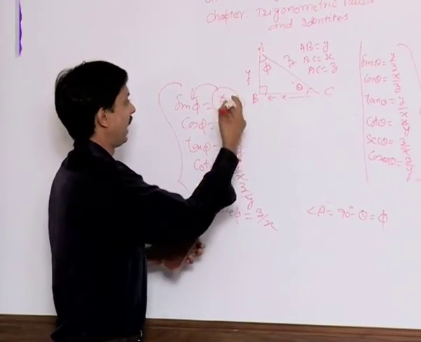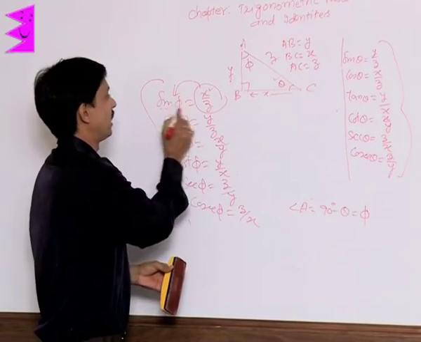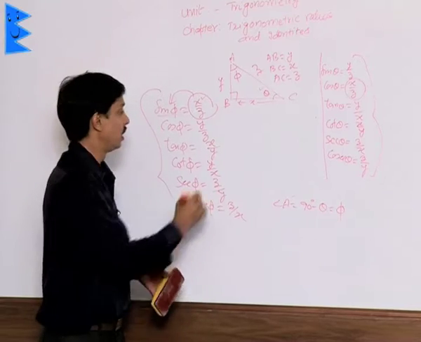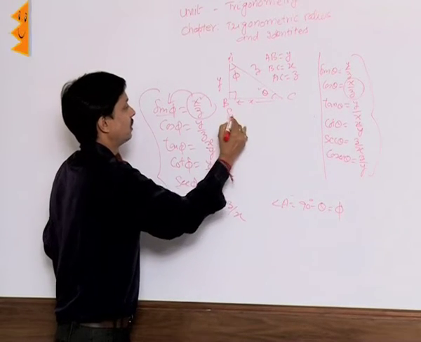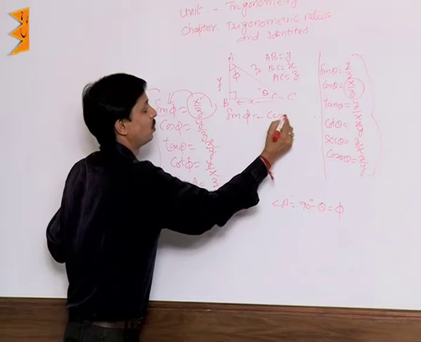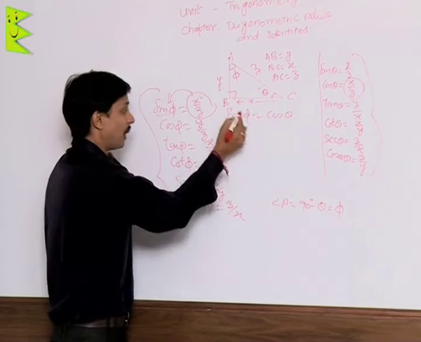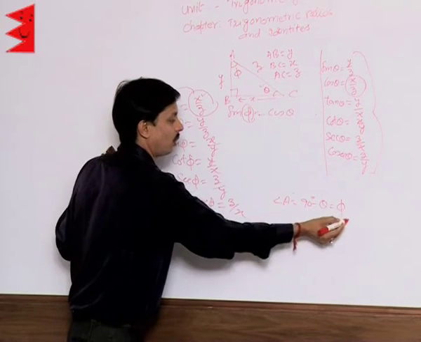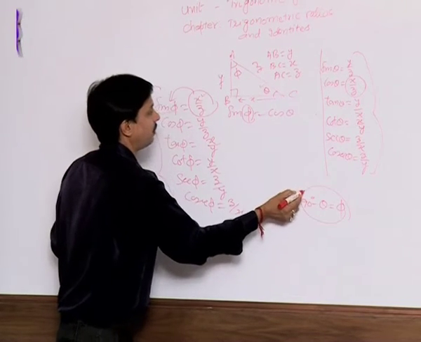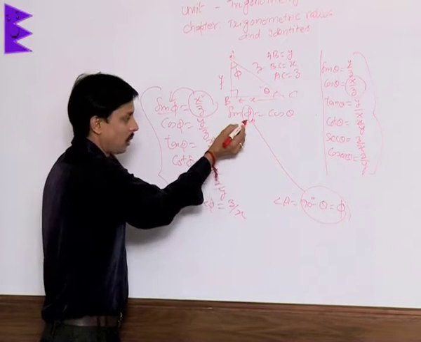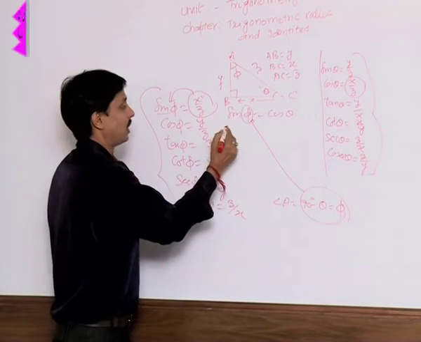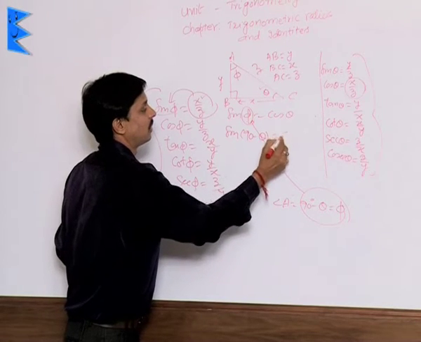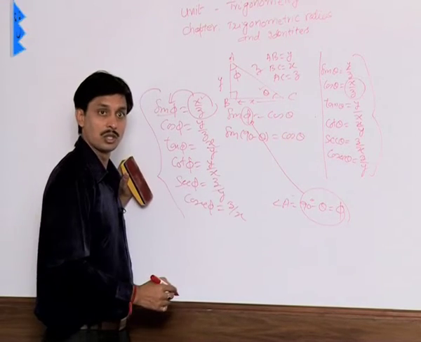If you see these two relations, what can we see? The value of x upon z is sin phi here, and the value of x upon z is cos theta here. So I can compare: sin phi is equal to cos theta. But phi is very clear to all of you: phi is 90 minus theta. So in place of phi, if I write 90 minus theta, I get the formula sin of 90 minus theta is equal to cos theta.